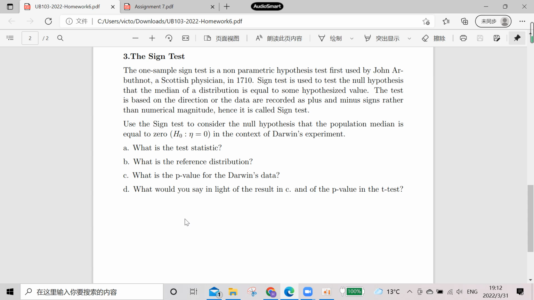Under the null hypothesis, it's 15 times 50% times 50%, and the square root of that is your standard deviation. But we don't even use standard deviation in this case because you can directly calculate the probability.